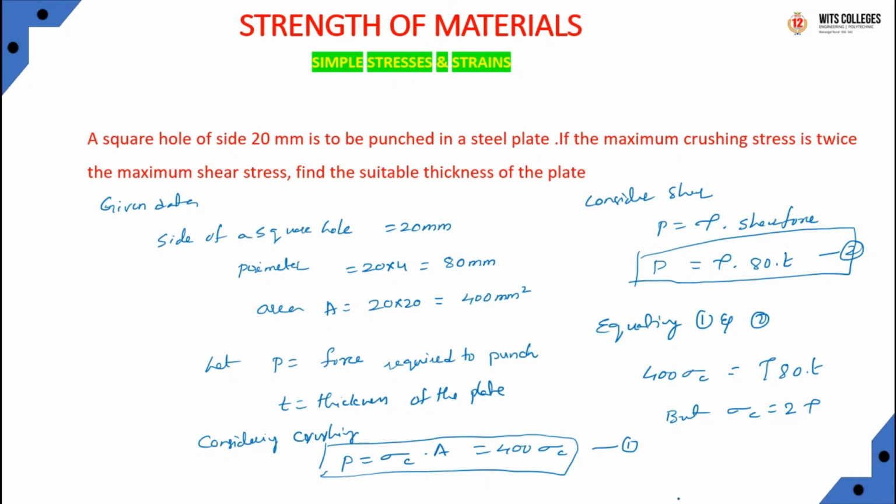Then T equals 400 into 2 tau by 80 tau. Okay, it gives T equals 10 mm.